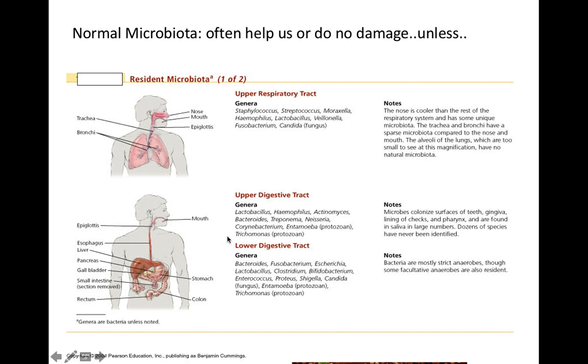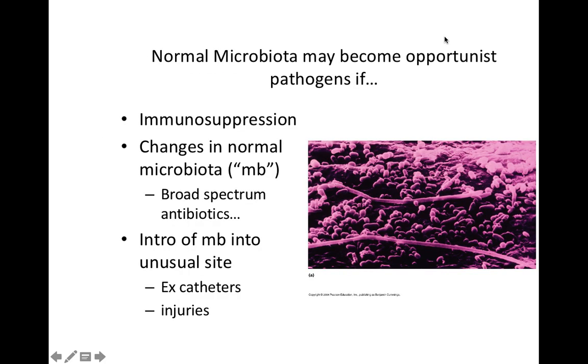You don't have to memorize all of the members of the normal microbiota or microbiome. I'm just giving you an idea of how rich and diverse the microbes that live on and within us are. Normally, they're commensals or mutualists, but we do want to remember, they help us or they do no damage unless special opportunities arise.